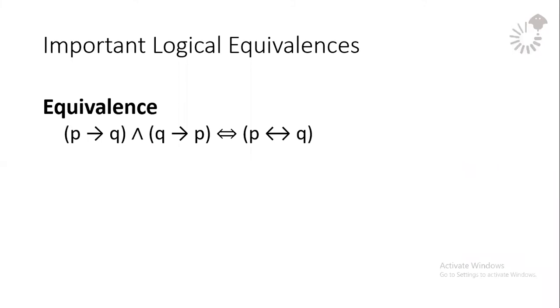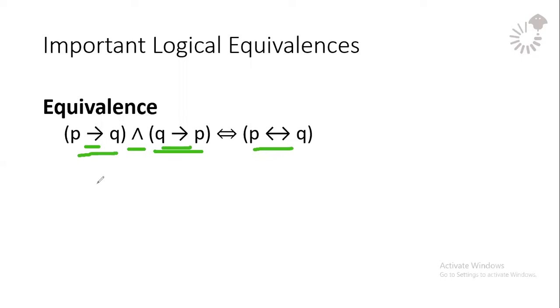Next, equivalence. Okay. For equivalence, this is the statement: P implies Q and Q implies P. You conjunct the two, which are reversed. It is the same as this one, equivalence, by conditional. Let's check.